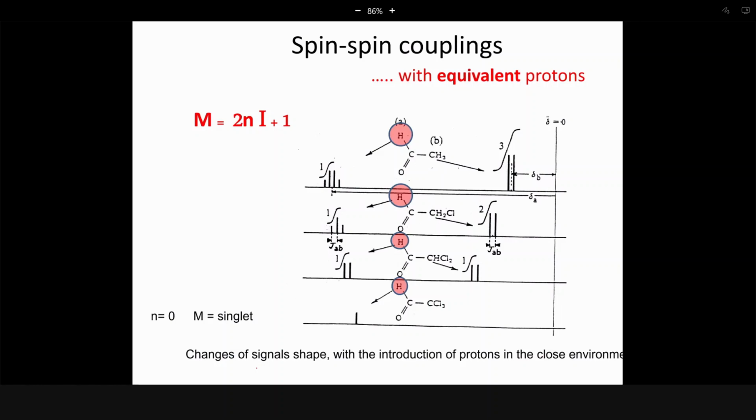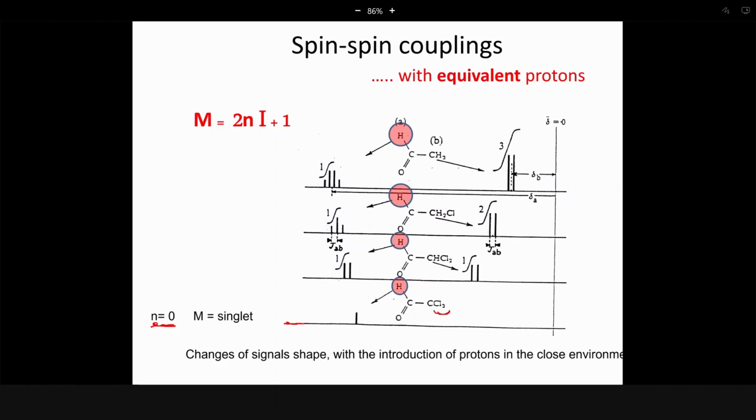So we start from here. First step, we don't have any protons in the neighborhood. This is the molecule here. The proton is an aldehyde group. It's on the CO. Here I have no protons on the structure.